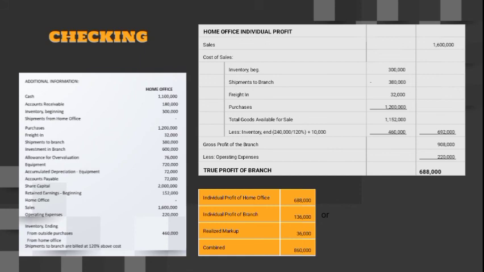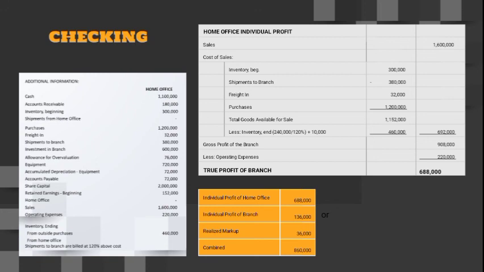Since we already computed the individual profit of home office, simply add the individual profit of the branch. Actually, ito yung pinakauna nating na-solve kanina, which is 136,000 kung maalala po natin. Also, the realized markup, which is 36,000. Well, ito din yung nakuha natin kanina. Then, we will get the total amount of 860,000, which is the same with the long method computation, right?